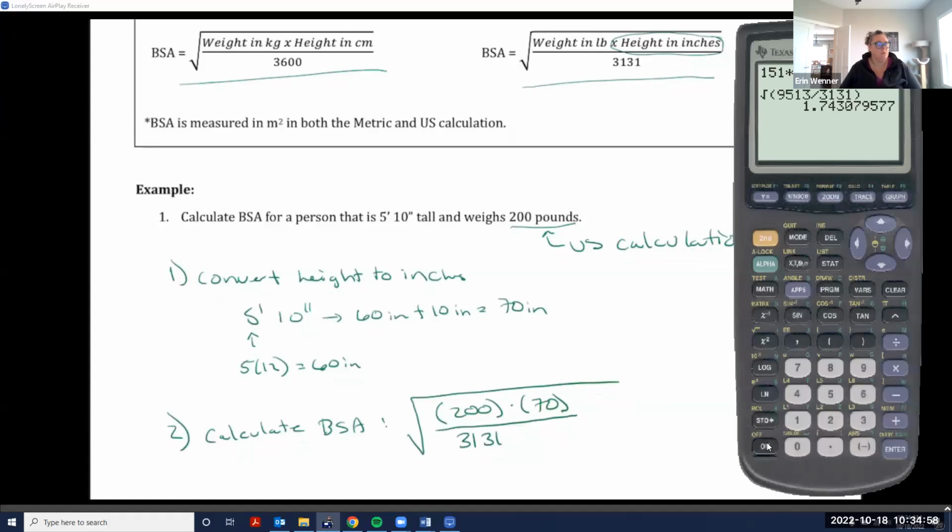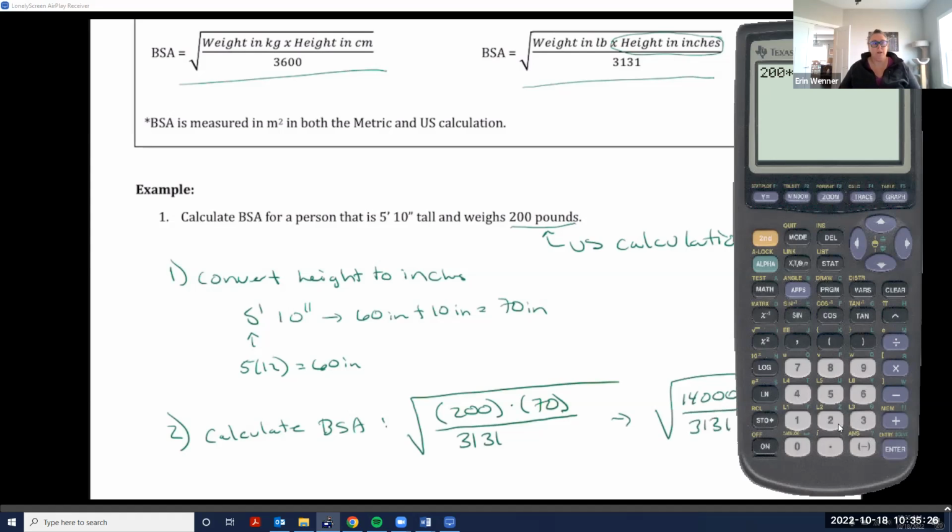Okay, so let's figure out what's in there. We have 200 times 70 in the numerator. That's what we need to do first for our order of operations. So we get 14,000. So we've got the square root of 14,000 over 3,131.